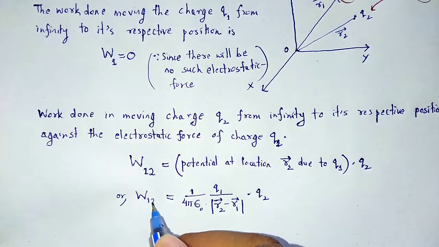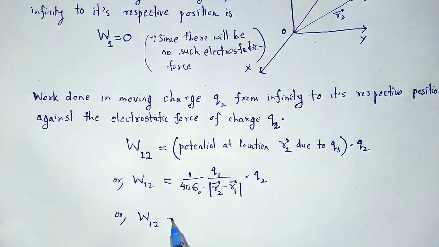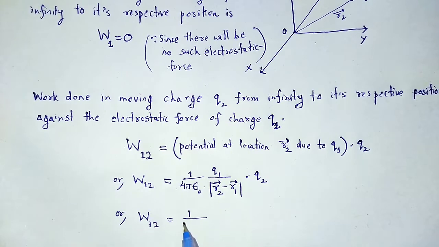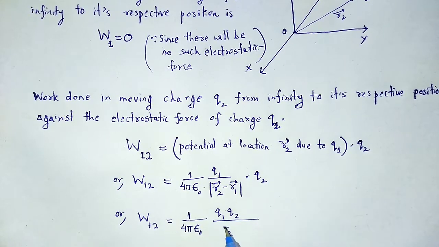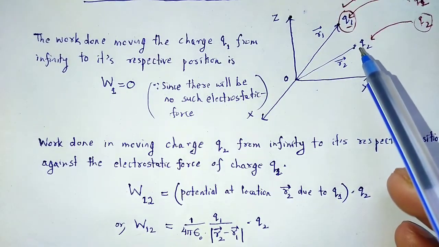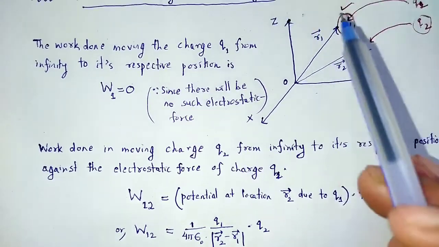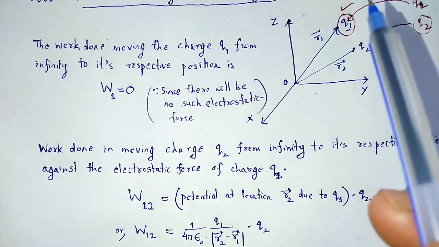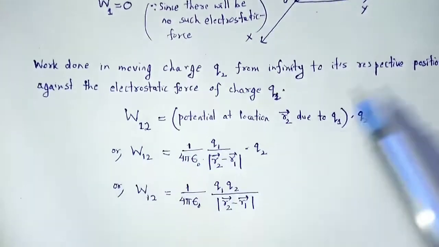Therefore W12 is equal to 1 by 4 pi epsilon naught, q1 q2 divided by the magnitude of r2 minus r1. That is the work done. So the total electric potential energy of the system of two charges, we just add these two.